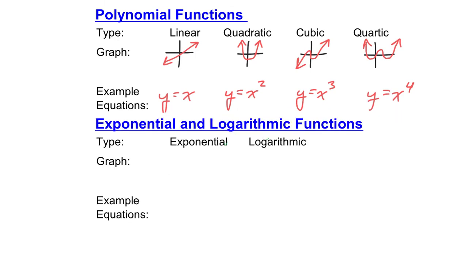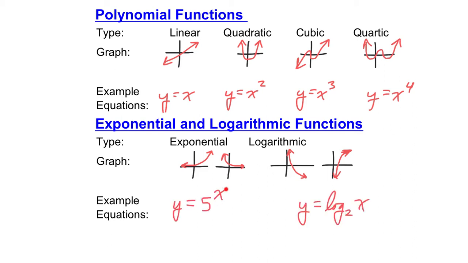Now let's do a similar comparison of exponential and logarithmic functions. An exponential function has the x-axis as its asymptote, the line that it never crosses. Logarithmic, the y-axis is the asymptote, so it never crosses the y-axis. Example equations of each.